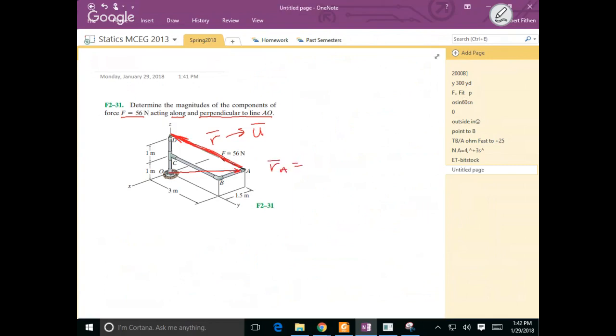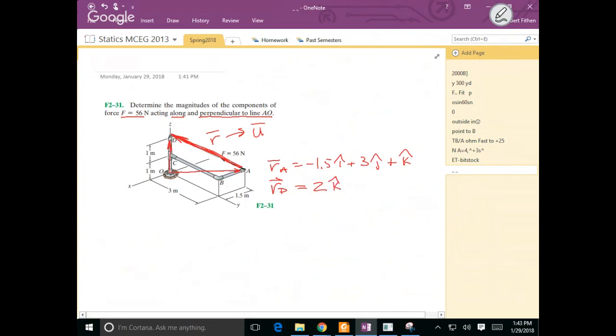It looks like I go minus 1.5 i plus 3j plus k. Now let me draw a vector RD. That's a pretty easy one. That's straight up. RD is nothing more than 2k, right?